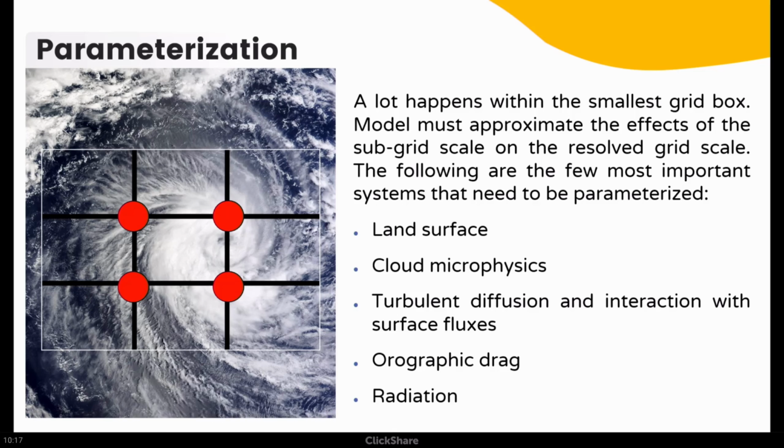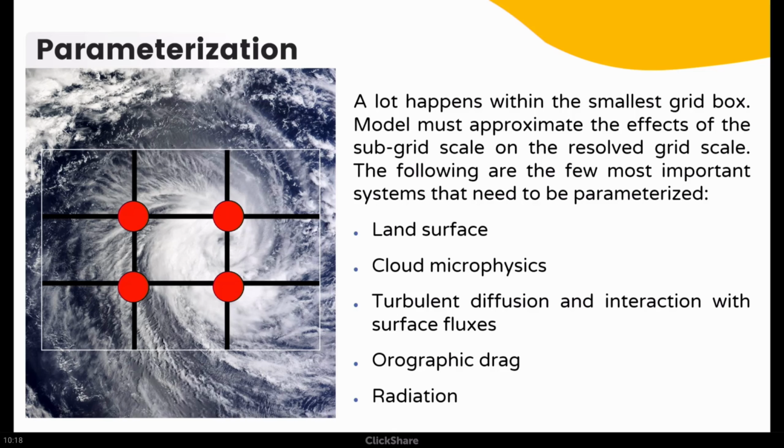So we need to know what is going on within that particular grid box. There may be one pond, there may be some other vegetation. So these effects need to be taken into account while giving a forecast, because each grid point is the average value of a particular grid box, these red dots that you're seeing.